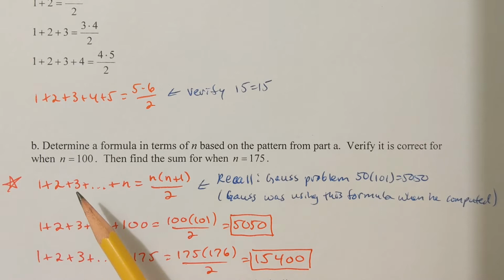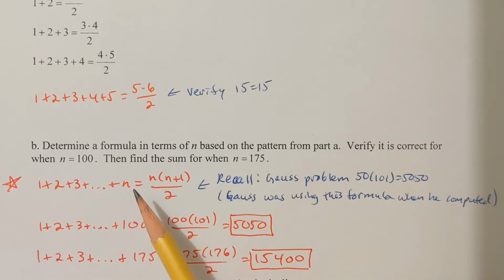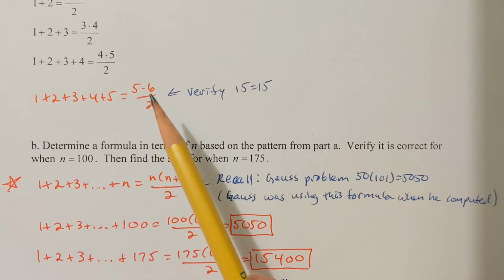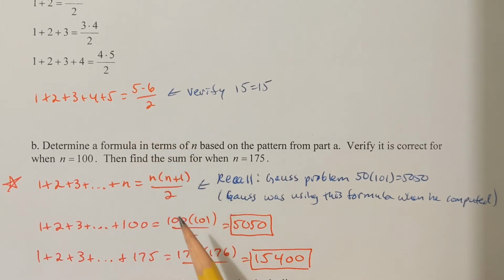So let me say 1 plus 2 plus 3 plus 4 plus all up to n. N is some counting number. And it looks like, from the pattern, I'm just going to take that counting number, whatever the last one is, times the next one up, and then divide it by 2. So n is where I'm ending, times the next one after that, n plus 1, divided by 2.